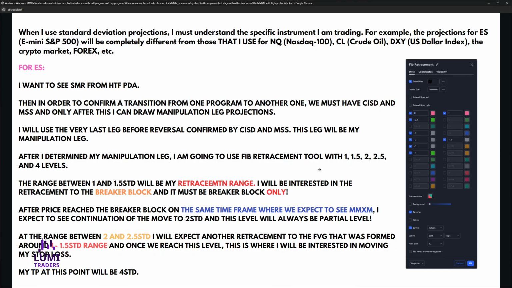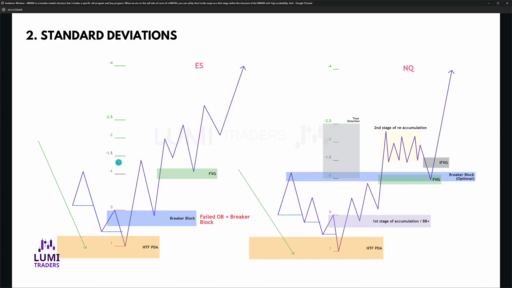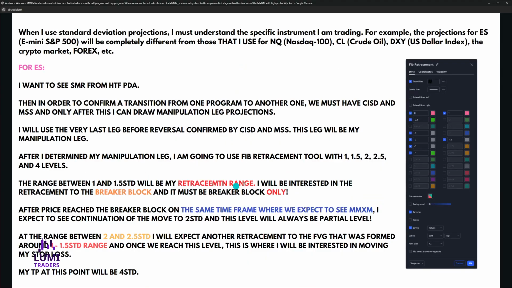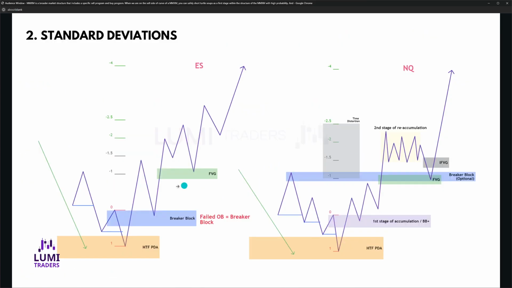I will be interested in retracement to the breaker block, and it must be breaker block only. Not order block, not fair value gap, only breaker block. This means that once I found my manipulation leg, I want to use these levels right here. And this range between 1.5 and 1 standard deviation is going to be my retracement range.